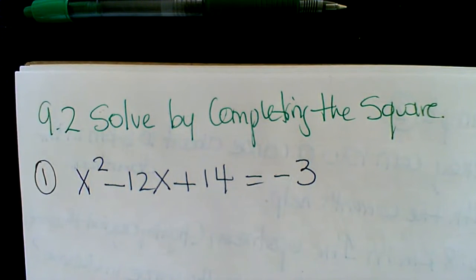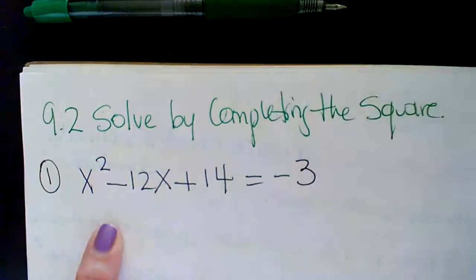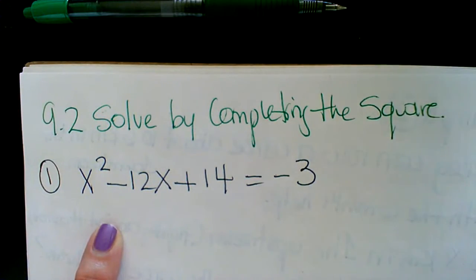So, like I said, completing the square is used for solving quadratic equations that cannot directly be solved with the square root property or the zero factor property. So here's the procedure. We have to have the equation in this form. Let me write it down.